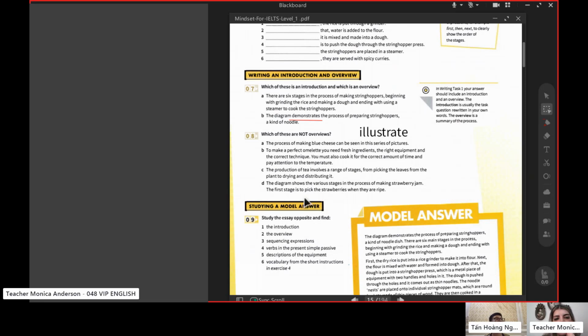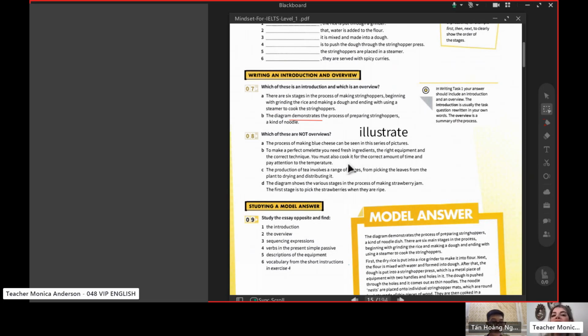Because with an overview, we just talk in general, and we don't write in details or describe how we do it. Okay, so let me actually read it again. To make a perfect omelet, you need fresh ingredients. What ingredients? There are no details.